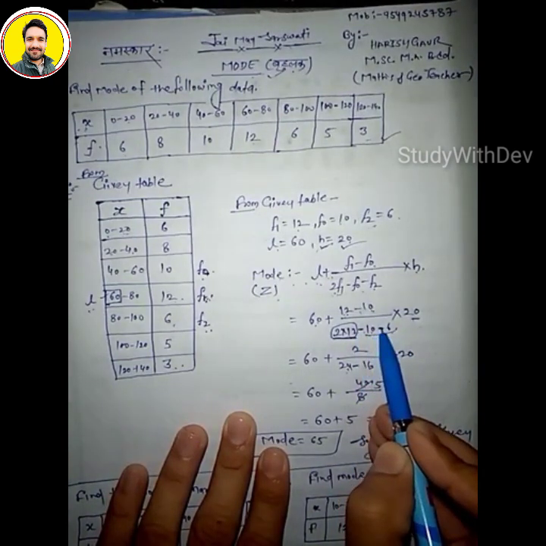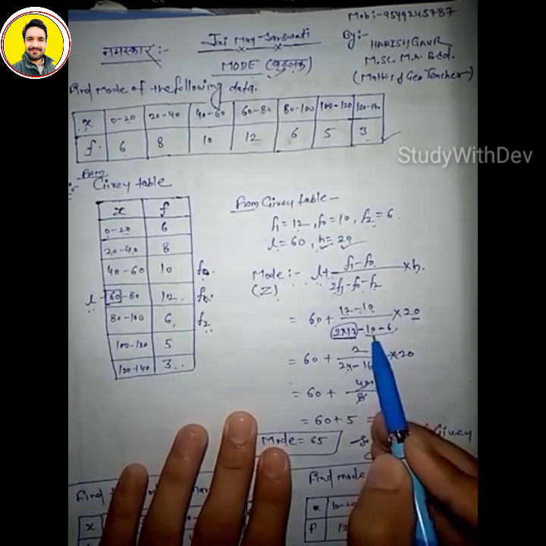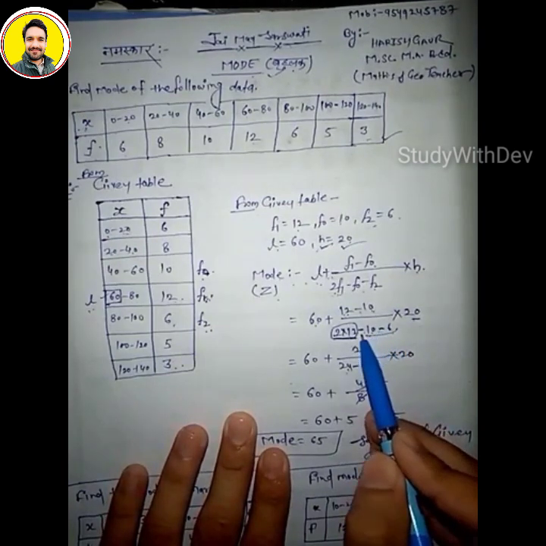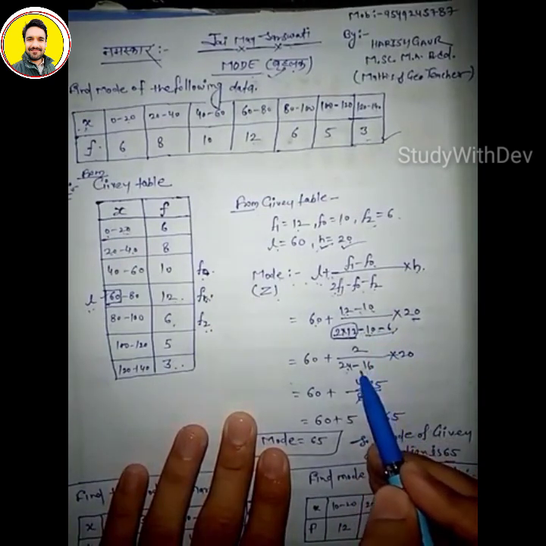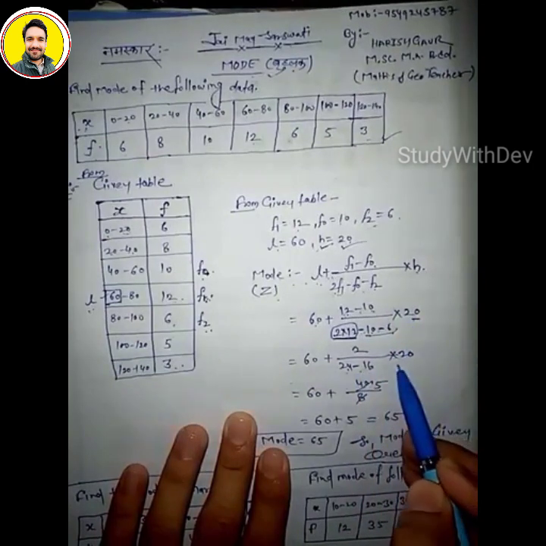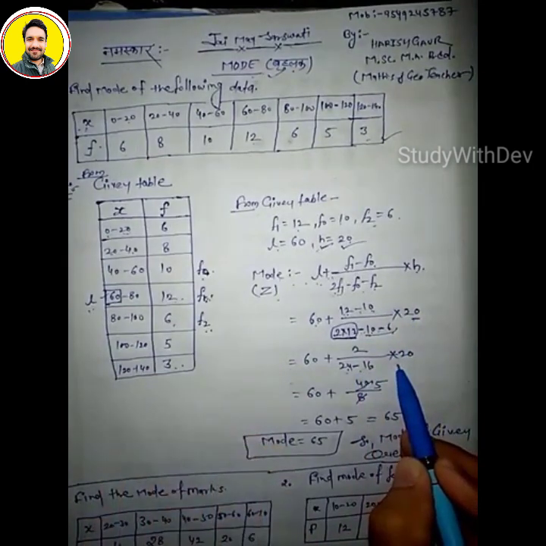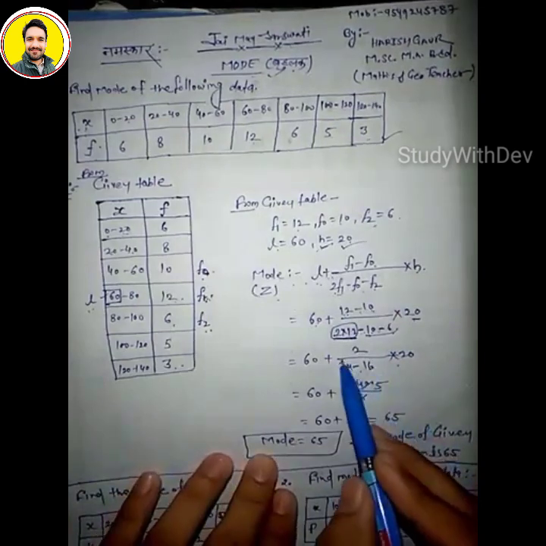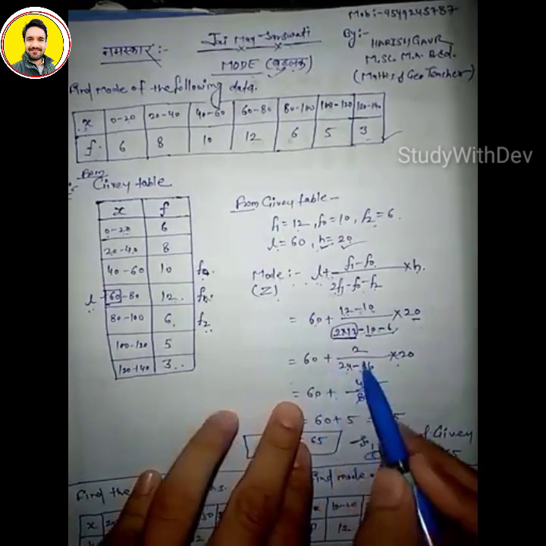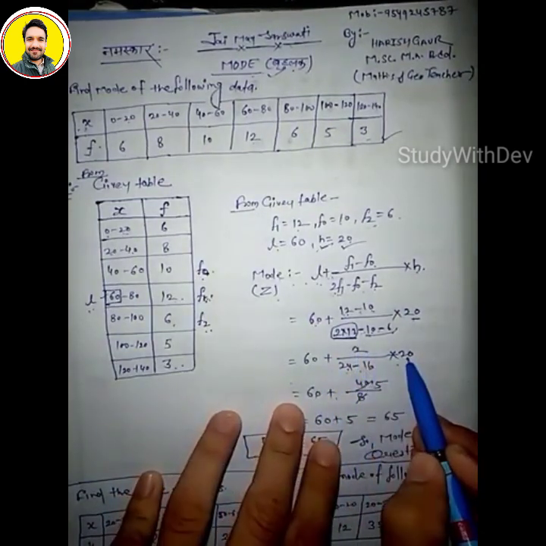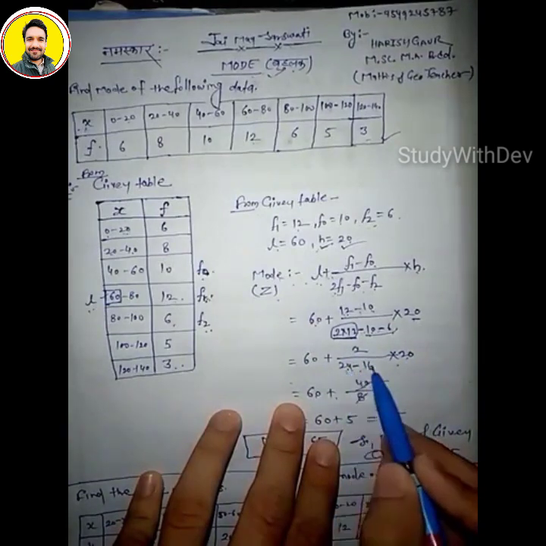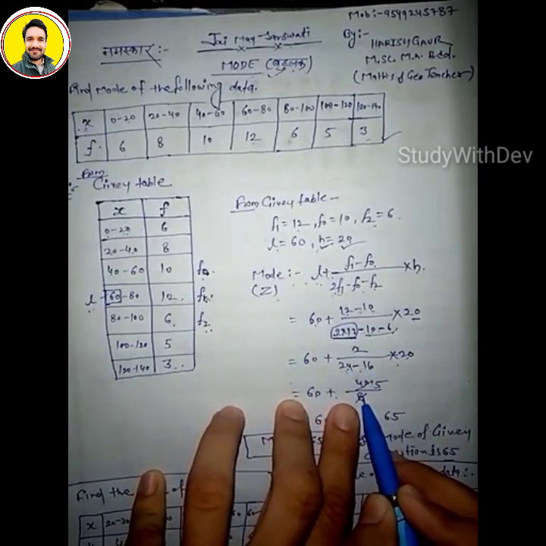When it is minus minus, always do plus. So minus 10 minus 6 is minus 16. Multiply, what is the value of H? H equal to 20. So now firstly 60 is as it is, plus 2 multiplied by 20, and 24 minus 16 equal to 8.